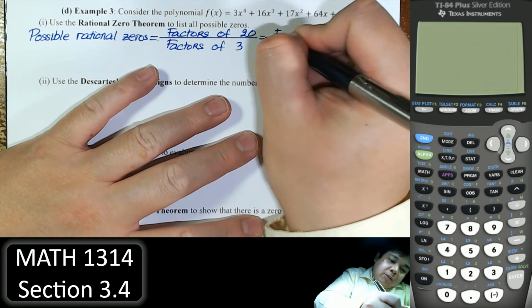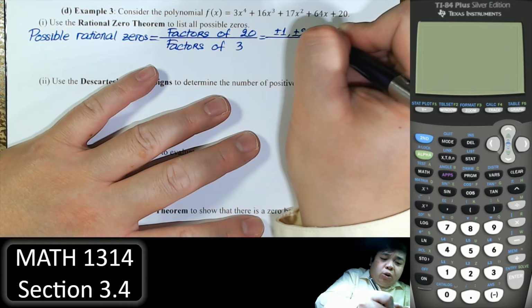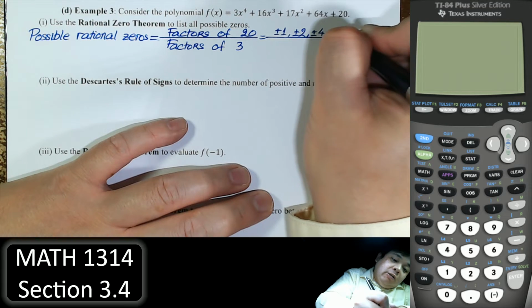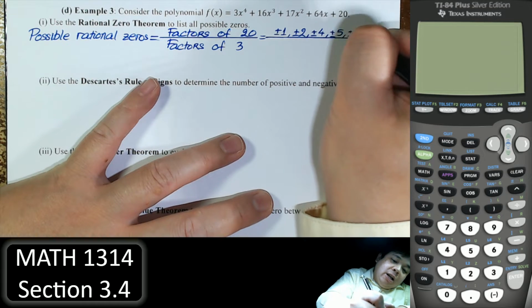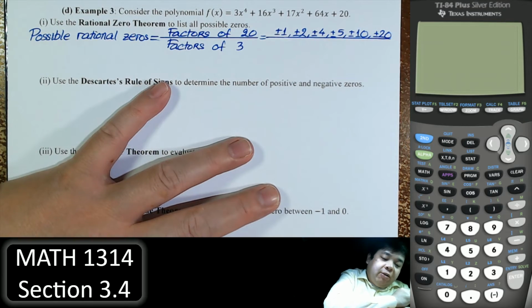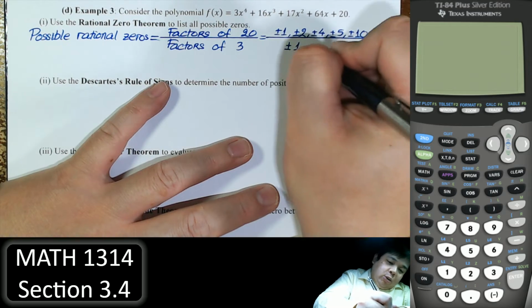Plus or minus 1, 2, 4, 5, 10, and 20, the factors of 20. And then the factors of 3: 1 and 3.